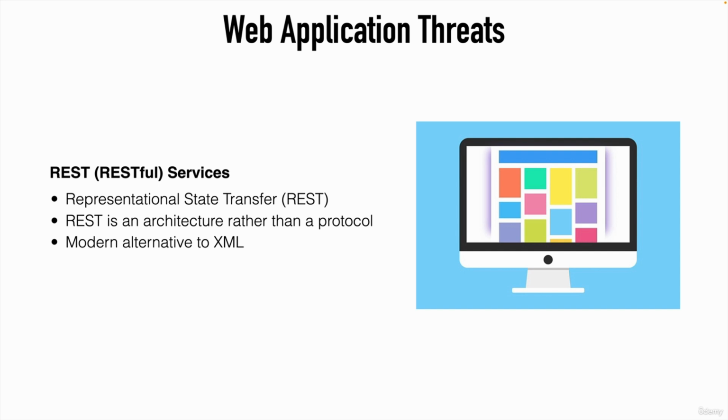So SOAP is considered to be a legacy system, although we do still see that used in some places. REST came later on, and that's viewed as a faster, more modern alternative. With REST services, we see 4 HTTP verbs, or actions in other words, used to perform tasks. These are get, put, post, and delete.